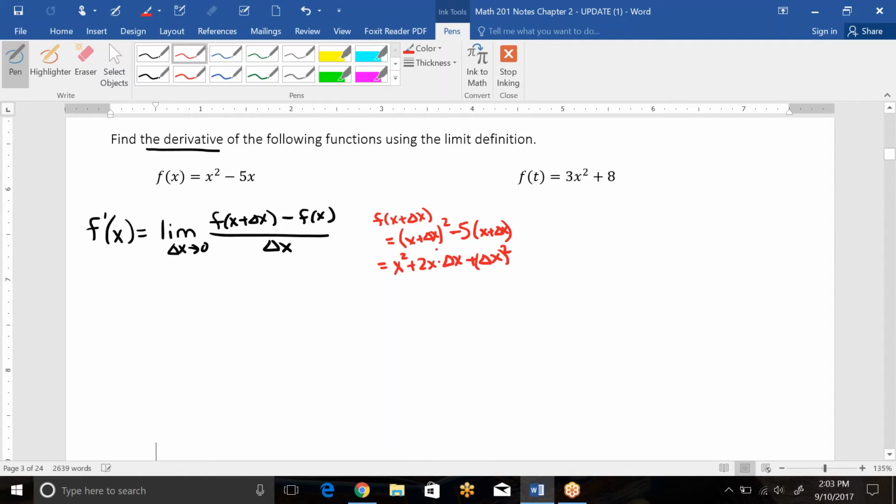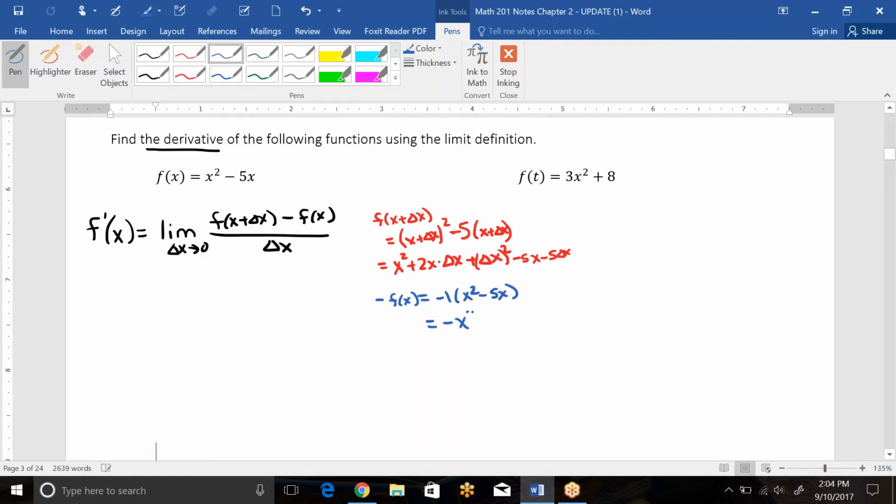If you need to see the foiling on that, write it out, but it always ends up being this, and there's nothing to distribute in front of that. And then on this one, we do need to distribute the negative 5, so that's negative 5x minus 5 delta x. And then for our blue part, we do negative f of x, and that's just negative 1 times the original function.